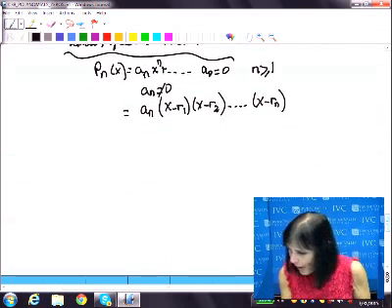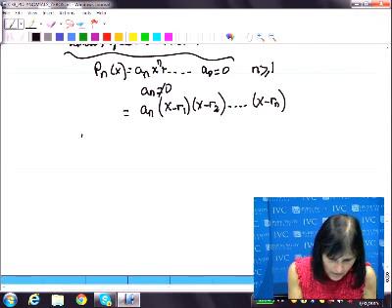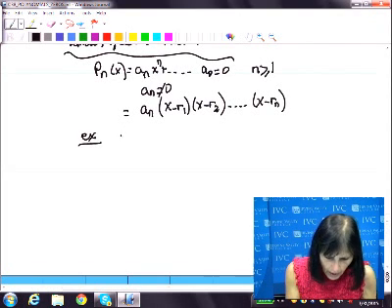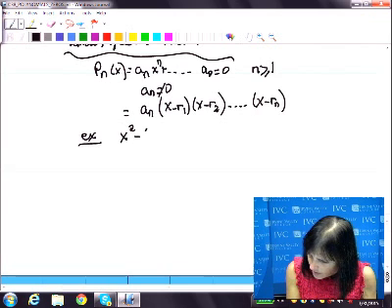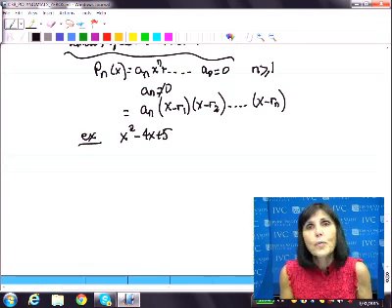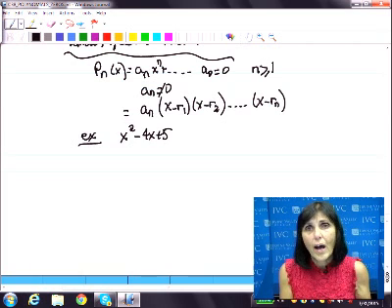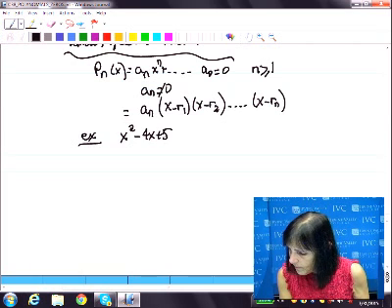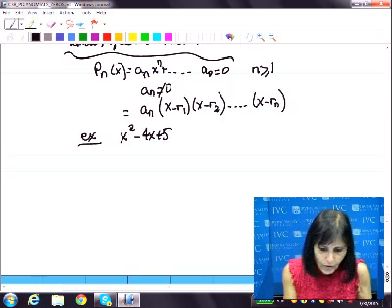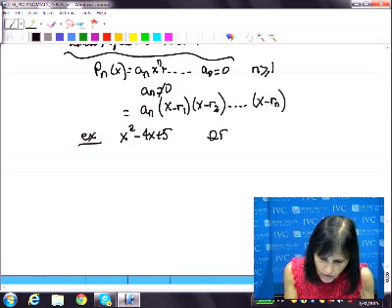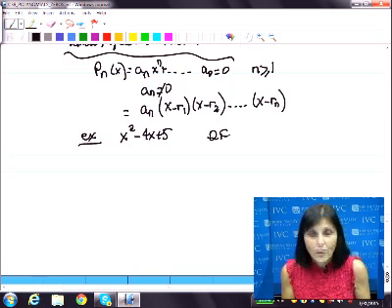So what kind of problem can we have in there? It may say, okay, given x squared minus 4x plus 5, can you express this polynomial as a product of linear factors? Okay, well, how can I do that? Since this is a quadratic function, I can use the quadratic formula.